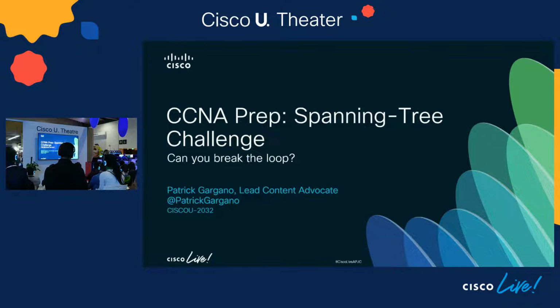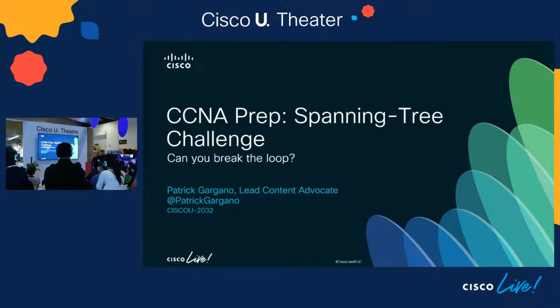For CCNA prep, for those of you working on getting your CCNA, you need to understand not necessarily how to configure spanning tree, but just how it actually operates. Like if you plug in a bunch of switches and stand back and wait a few seconds, what happens, right? What's actually happening on those switches for this to work? So that's what we're going to go through.